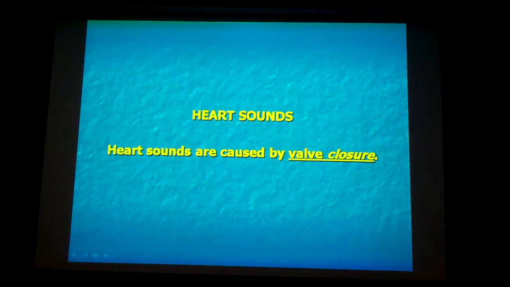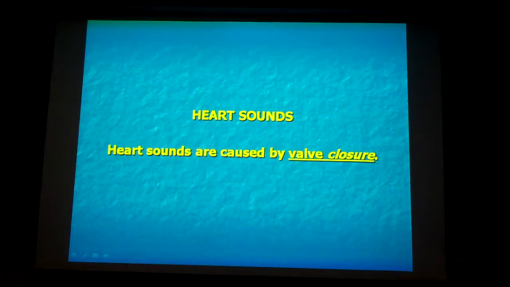If, say, the mitral valve is damaged and doesn't close fully when the ventricles contract, you might hear a little turbulence created by blood flowing back across a valve that's only partially closed.